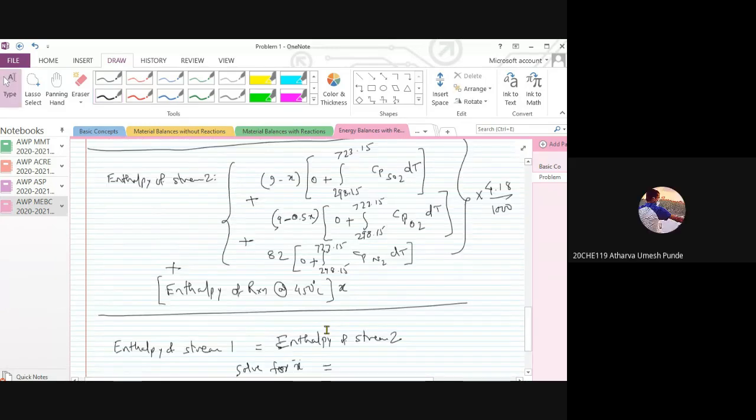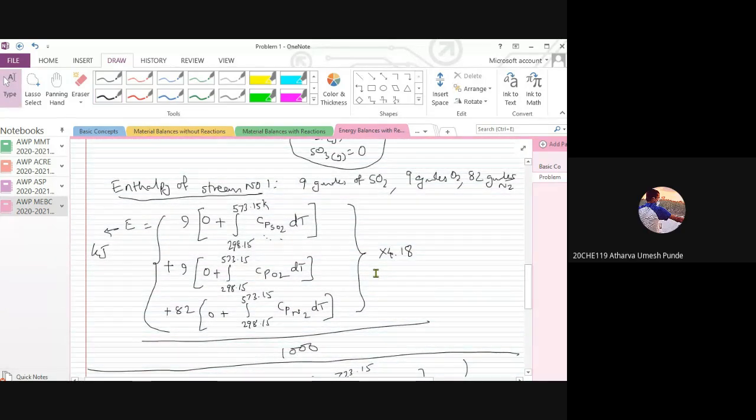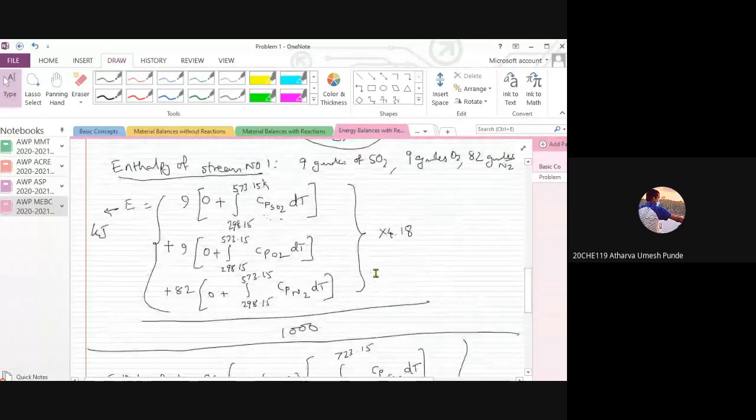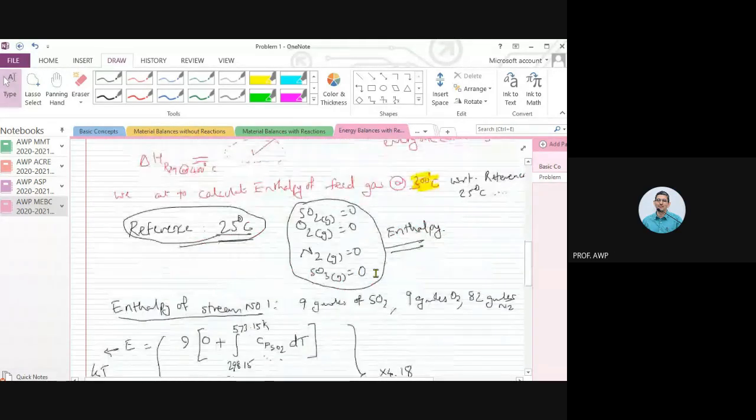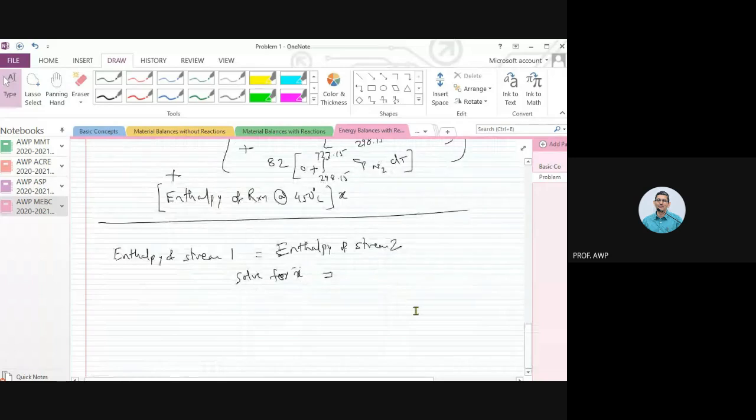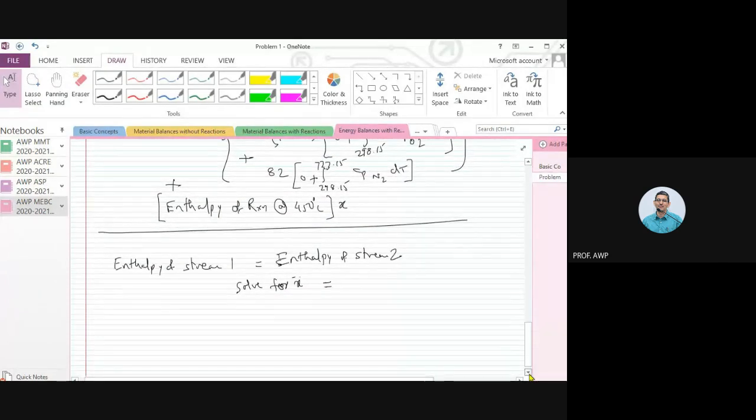Whatever error you had made. I made a calculation mistake. I will calculate again. I considered temperature in Celsius, sir. Okay, maybe that's why your X is 44 and other people are getting 55.